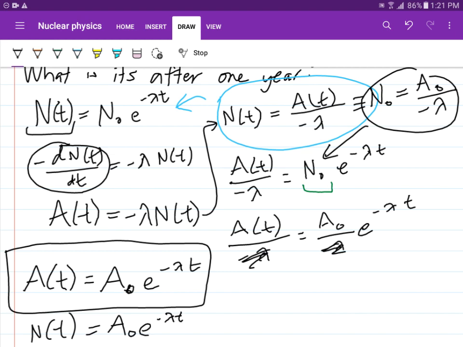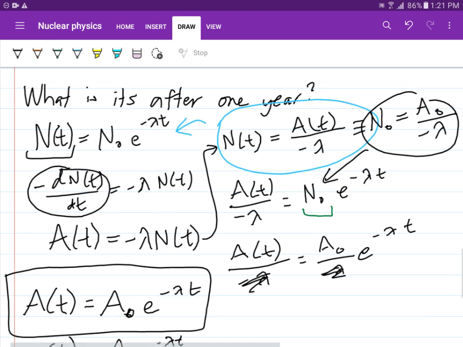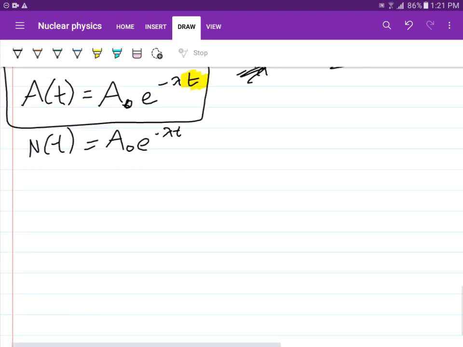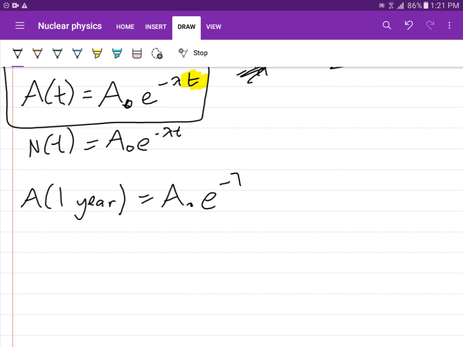So we can use this to solve for the activity, how many curies or how many becquerels, as a function of time. So let's solve this. A of 1 year, what is the activity after 1 year, is equal to the initial activity times e to the minus lambda times 1 year.